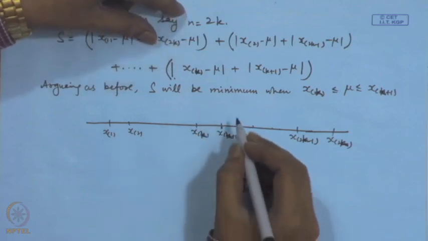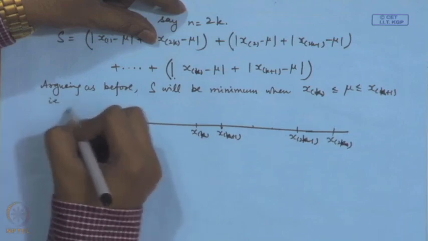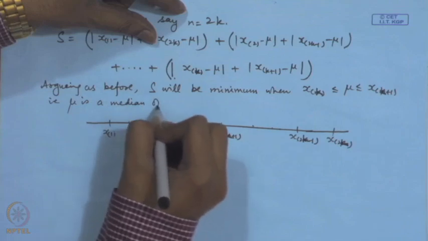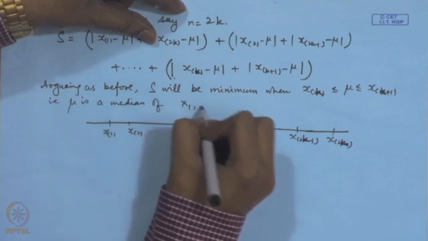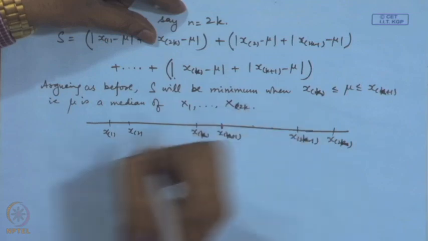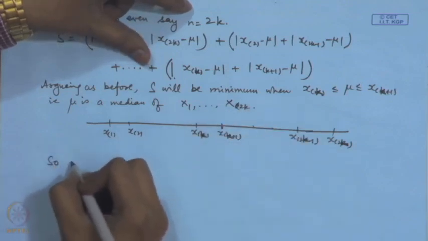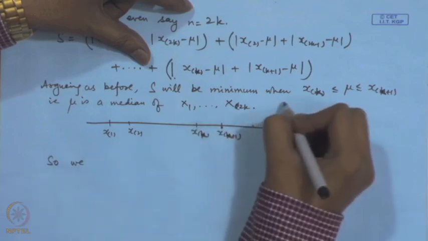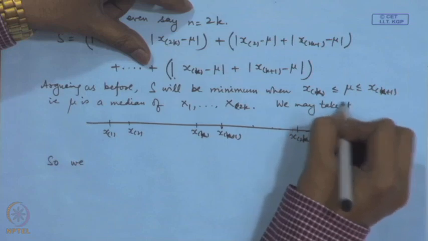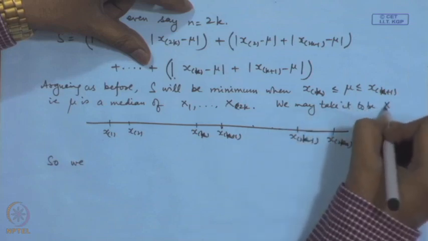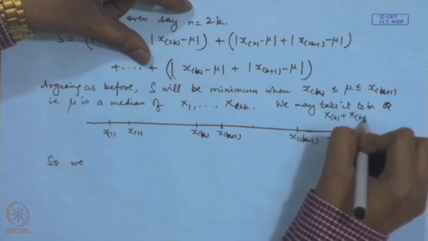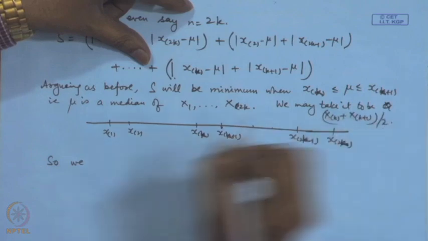So, we conclude that mu is a median of x 1, x 2, x 2 k, where we may take it to be x k plus x k plus 1 by 2.